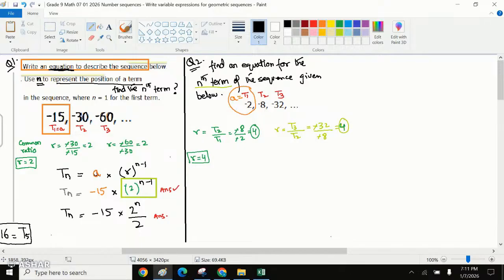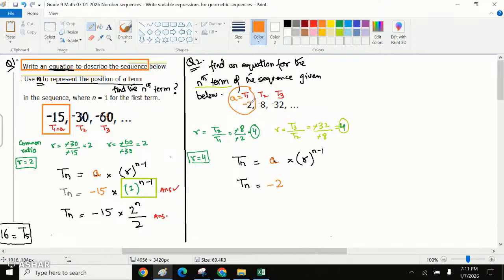Generalize, write an equation. We need to write an equation to describe the sequence. So we can say Tn is equal to a multiplied by r to the exponent n minus 1. This is the generalized formula. So if we do not have the value of n, but we do have the value of a, can this a be substituted by -2?